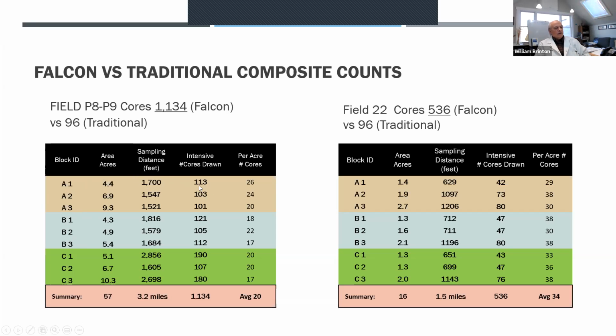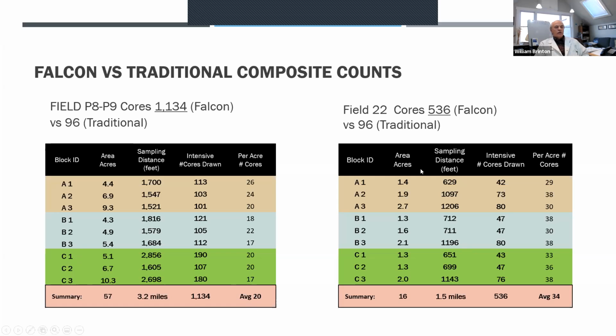So theoretically, this is how many samples were being drawn within each of those zones, which is amazing. So the Falcon machine in one field took 1,134 individual cores while traveling 3.2 miles. And if you divided it into zones here, there's about 20 samples per subzone.